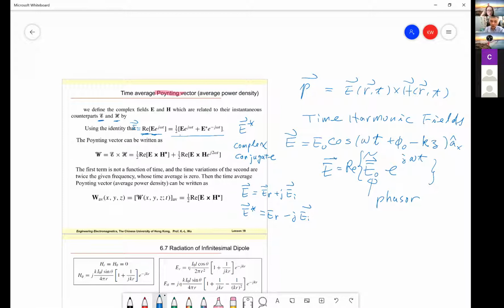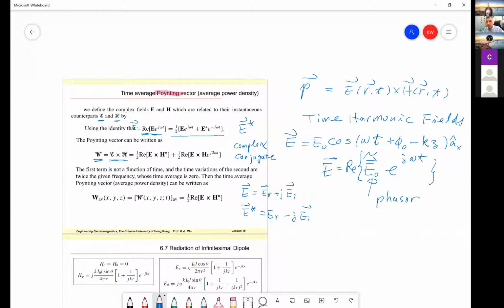Then when we calculate the Poynting vector according to first principle, that is a function of time.